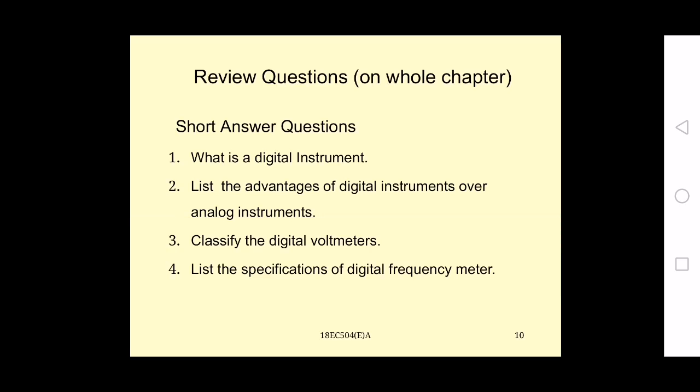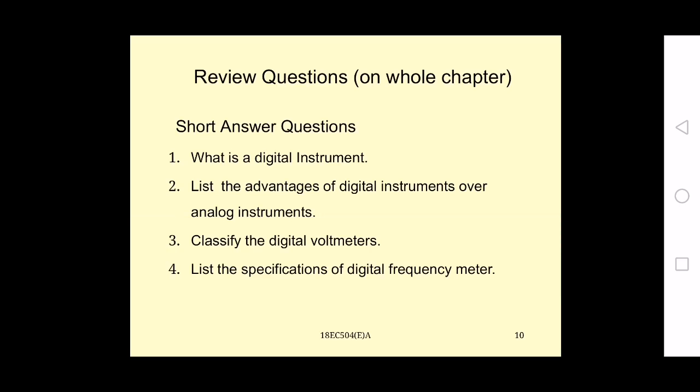That we call digital instruments, which have a real world input signal. The real world input signal is converted into a digital signal by the analog to digital converter. After that you have amplification and calibration attenuator, and finally the output display, so that the analog quantities are displayed as the respective discrete digital quantities.